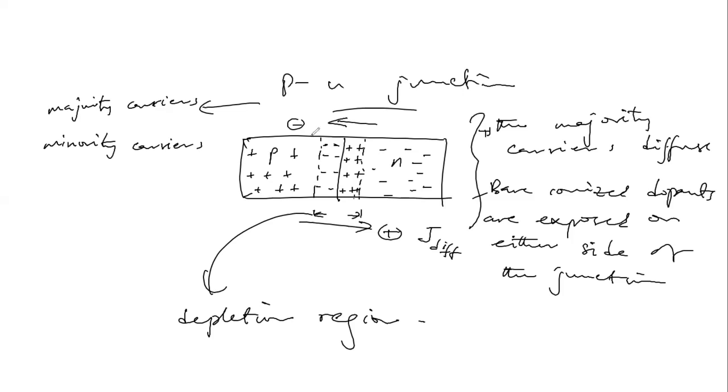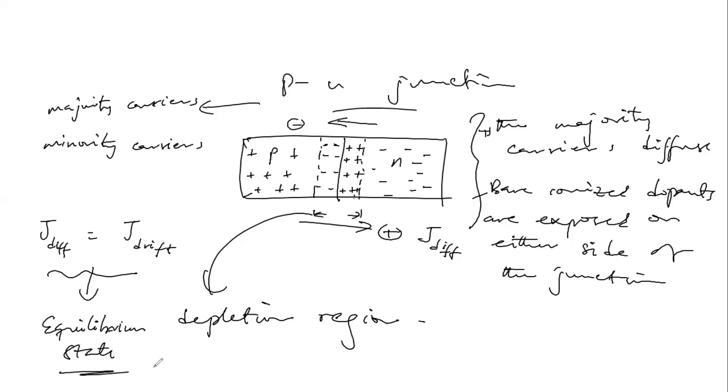So this depletion region will continue to expand till a state where the diffusion current, J diffusion, is now equal to the drift current. And there we say that we have established the equilibrium state, or situation.